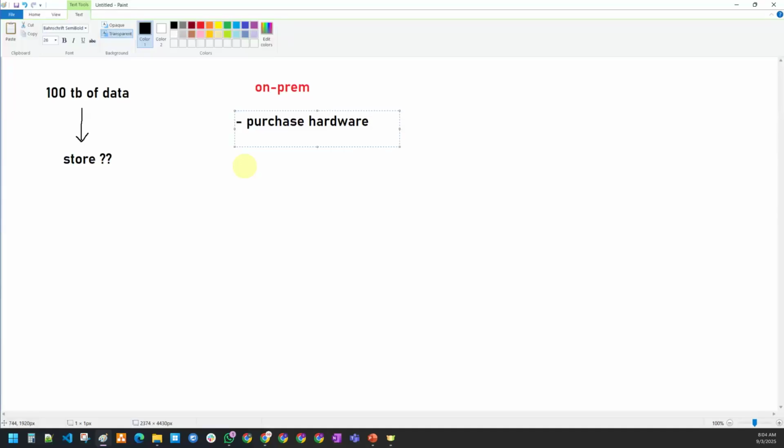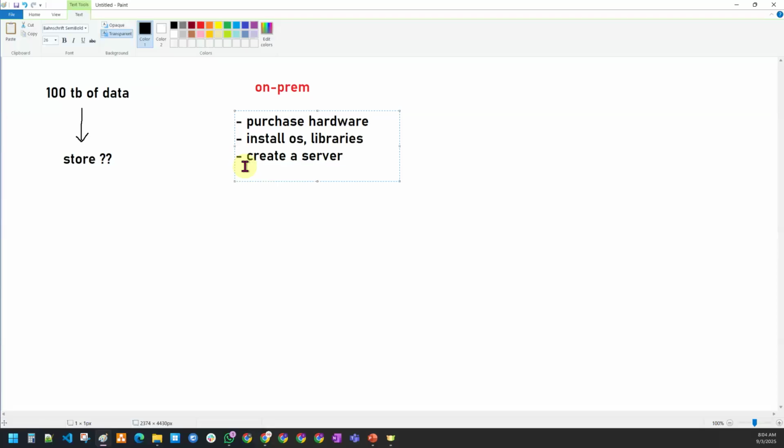Then you have to install all the operating systems and libraries, right? Then you have to connect the machines to make it a server, because one machine is not capable of storing 100 terabytes of data. In that situation, what do we do, sir? We try to create a server out of it.